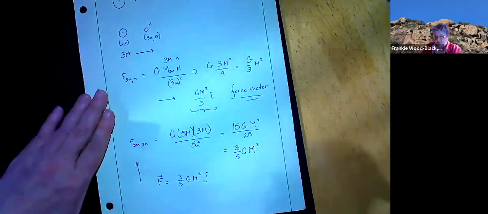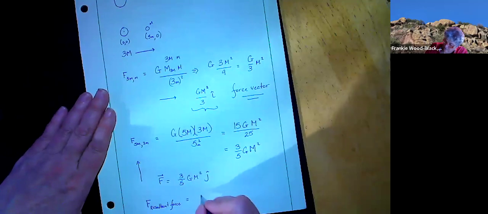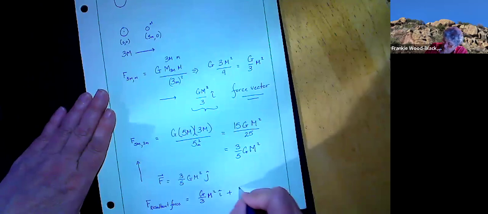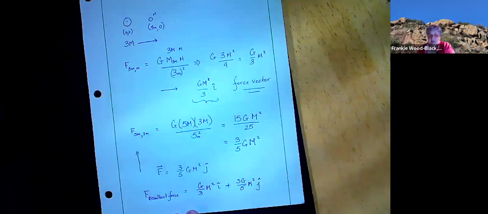And when I add these two up, the resultant force is going to equal G over 3 m squared i plus 3G over 5 m squared j. And then we can just use our typical vector notation to be able to work with the problem.